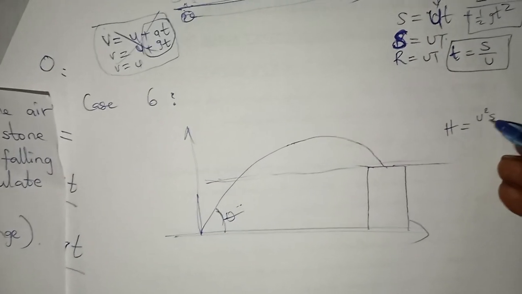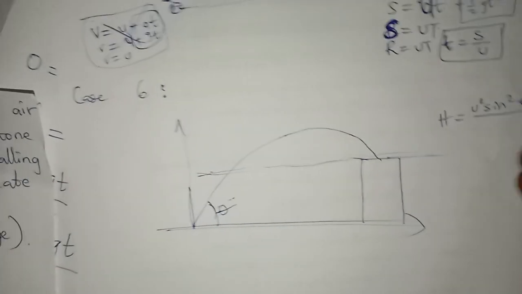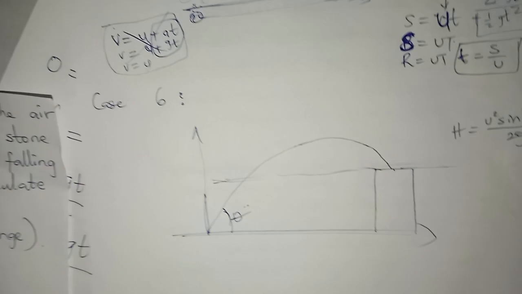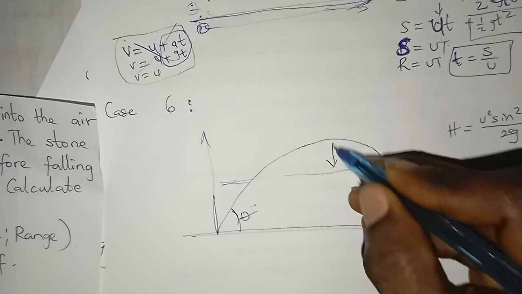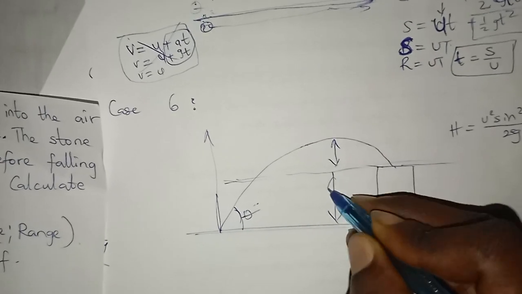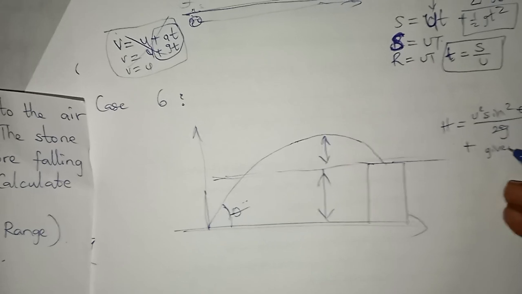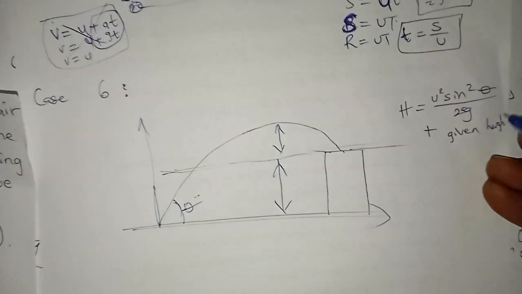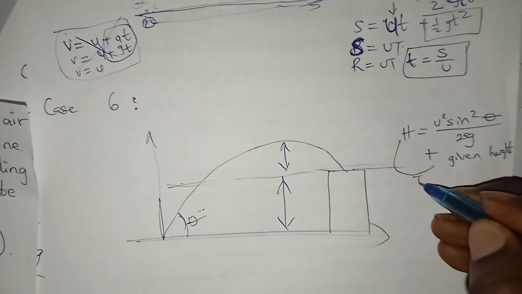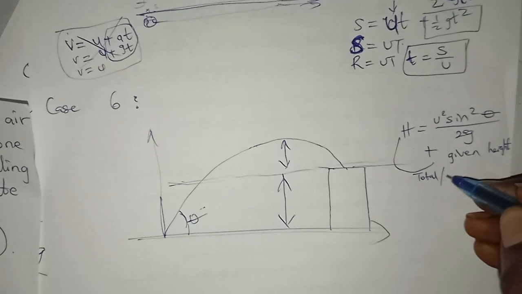So find the maximum height, u square sine square theta all over 2g. Then you found this. Then add it to what you have here, so plus the given height.